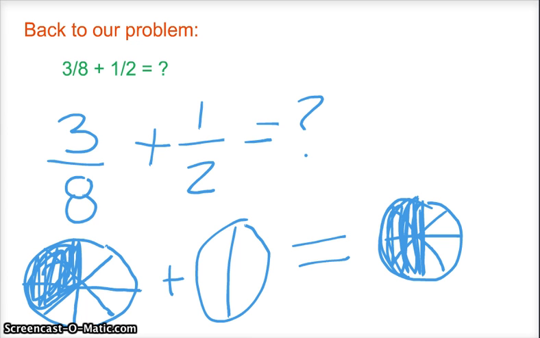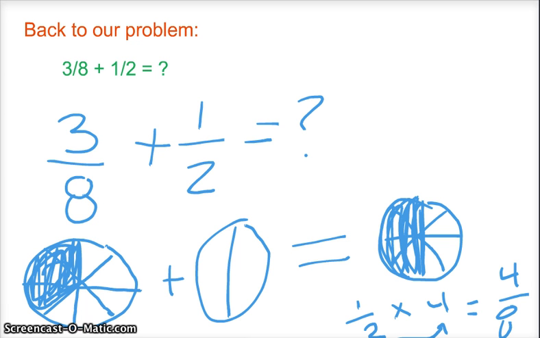Because 1/2 can be multiplied to make the denominator 8. And what could that be? Let's see. 1/2 times what could get to 8ths? Let's say times 4. So now we have 4/8.